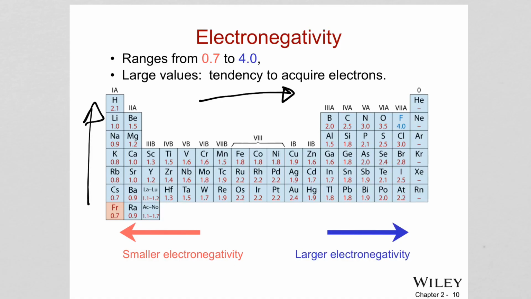So electronegativity is sometimes represented with a dimensionless quantity, and it ranges from 0.7 to 4, 0.7 being francium here. And of course the larger values will mean the larger electronegativity. And we see fluorine is 4. Okay. Highest, from lowest to the highest.